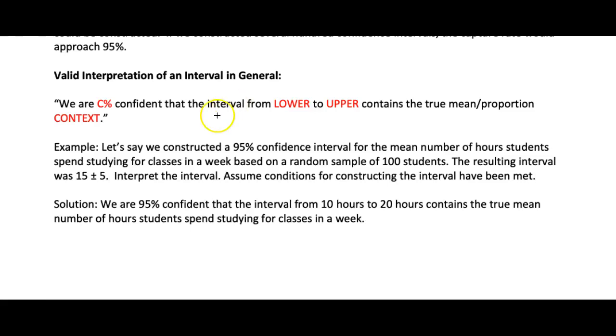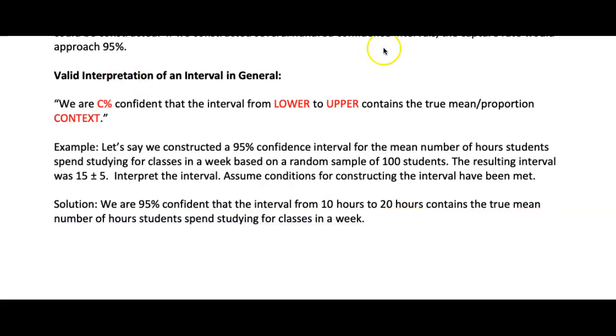Notice that we've got the 95%, and that might not always be 95%. It depends on the situation. We've got our lower bound. We've got our upper bound. That's what I've highlighted or typed here in red. And then I've got the true mean. And then all of this underlined here at the very end is our context, the specific situation.